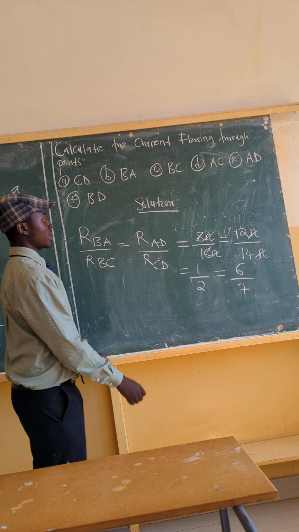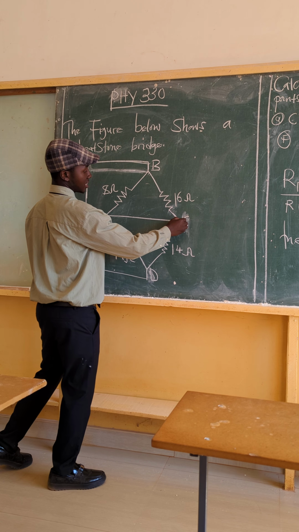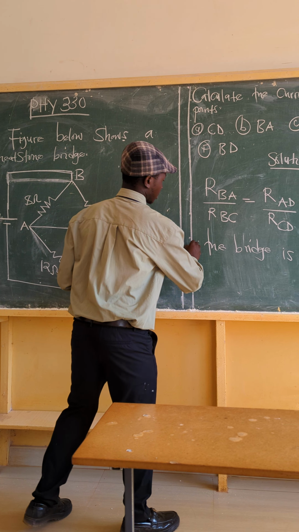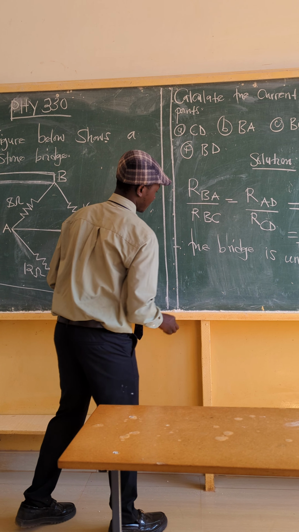So what happens if the bridge is unbalanced? It means the current through this branch, which is AC, will flow. That's the key concept. So we say the current at the branch AC will flow.